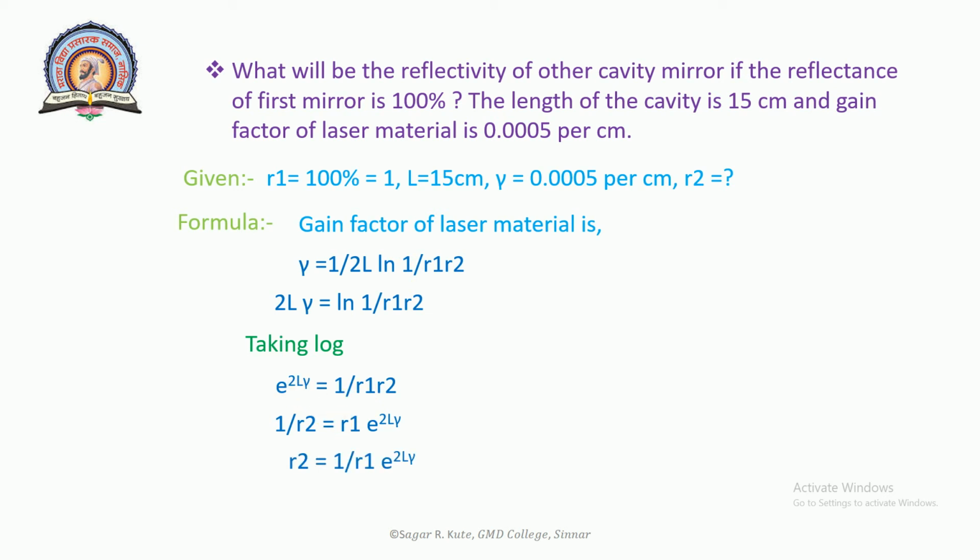R2 is equal to 1 upon R1 into e raised to 2L gamma.